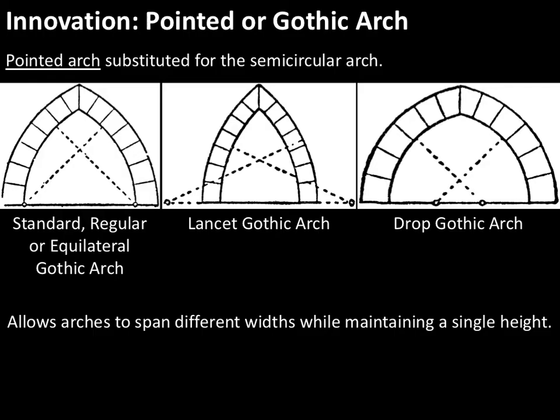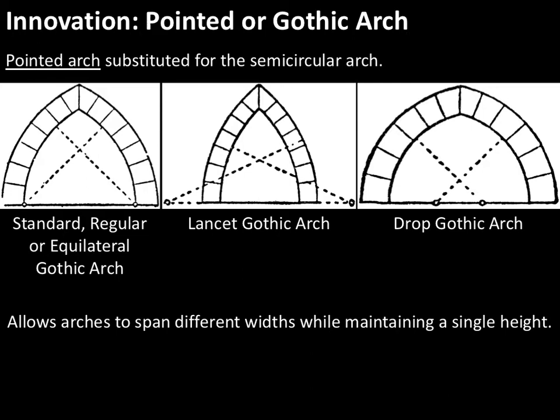So these are still able to be generated with the simple technology of a compass. But now you can see how these are three different widths of arches, but they're all the same height. And that's because you can move that center point for your arches and create a very pleasing pointed arch while also having different widths between the legs.